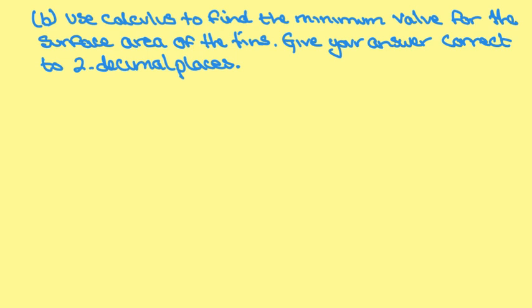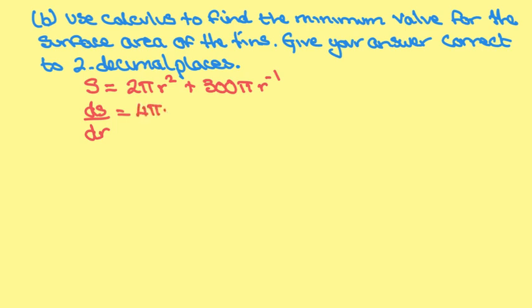Part B. Use calculus to find the minimum value for the surface area of the tins. Give your answer correct to 2 decimal places. We know that the surface area is equal to 2 pi r squared plus 300 pi r to the minus 1. So to get the minimum, we need to first differentiate. So dS over dr is equal to 2 times 2 is 4 pi.